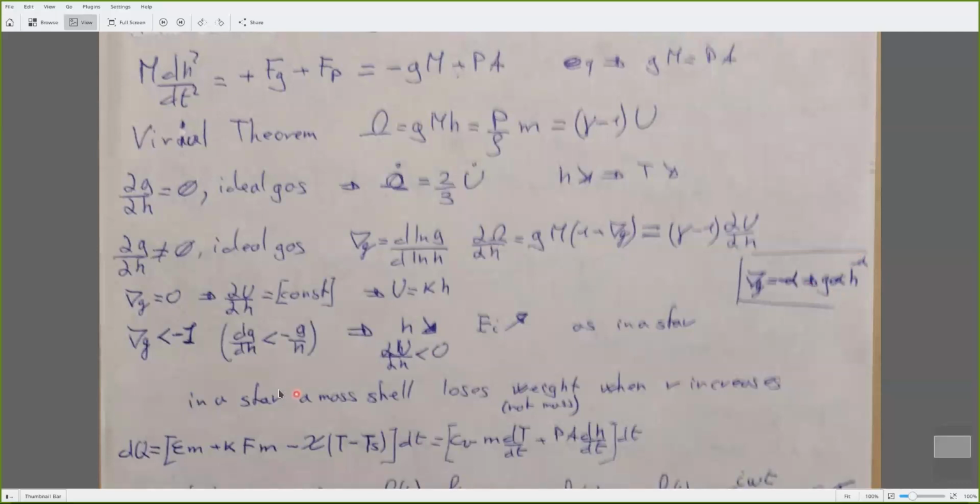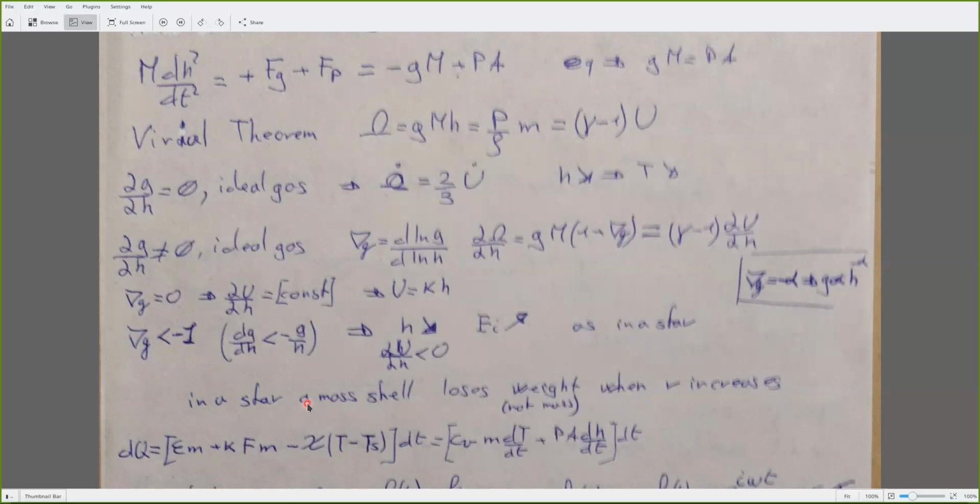So essentially what happens in stars is that a mass shell loses weight when it expands. The star expands, the shell expands, and since it's farther away from the center, its weight, not its mass, decreases. Don't confuse weight, which is a force, with mass, which is a property of the matter.